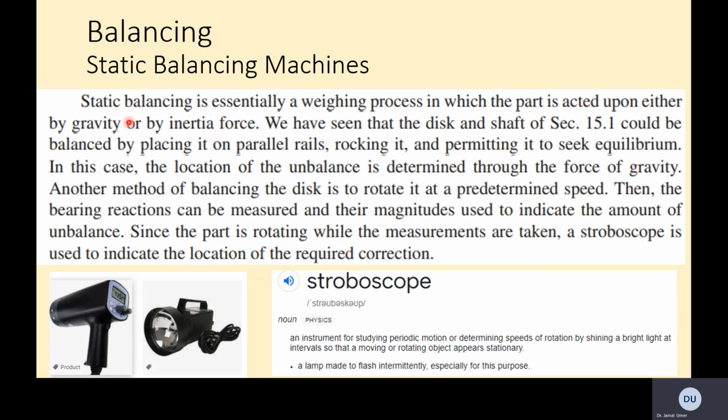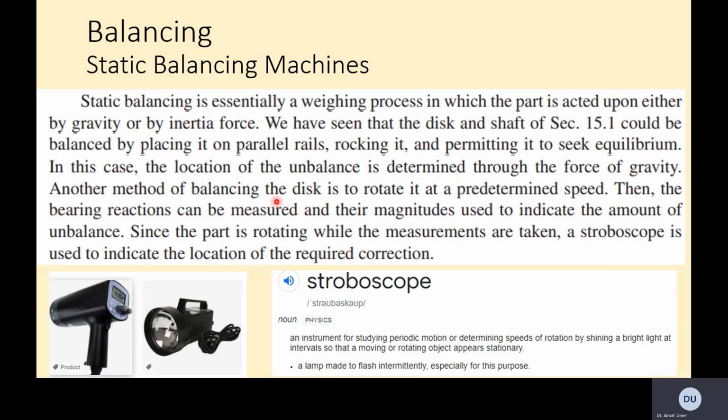We have seen that the disc and shaft could be balanced by placing them on a parallel axis, rocking it, permitting it to seek equilibrium. In this case, the location of the unbalance is determined through the force of gravity.